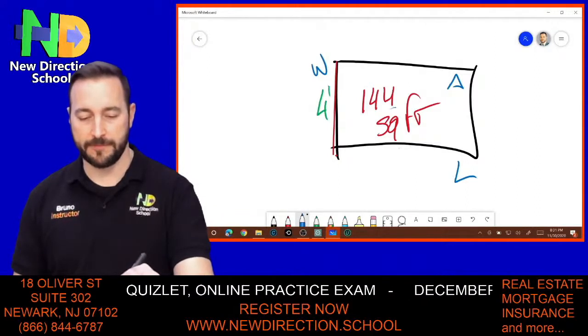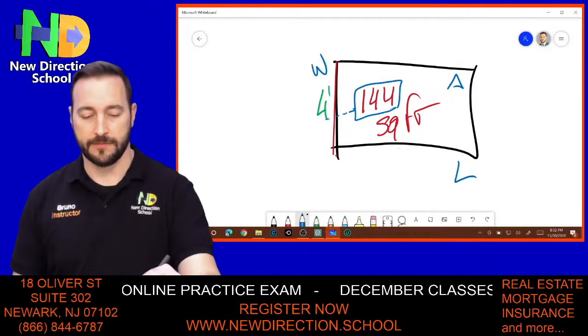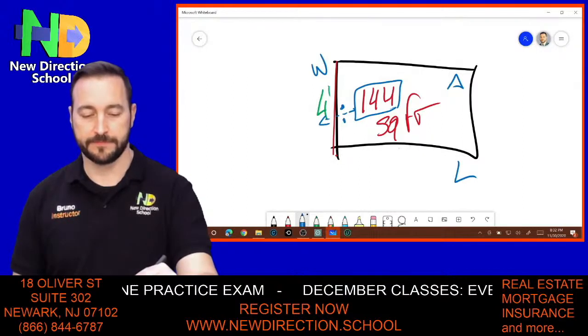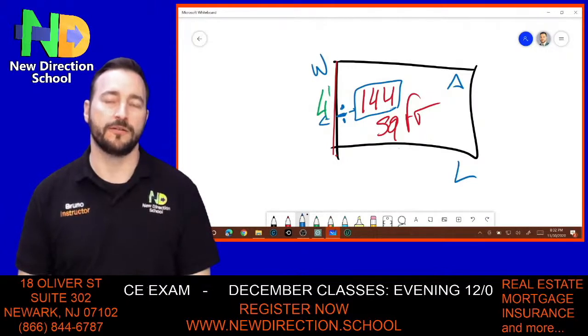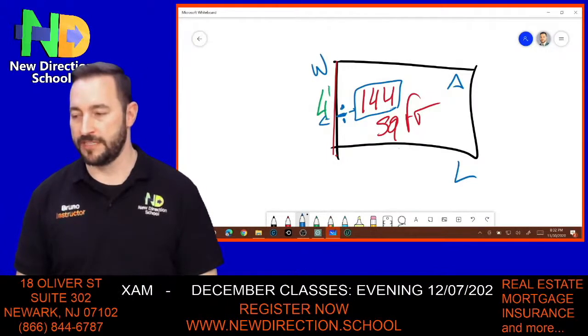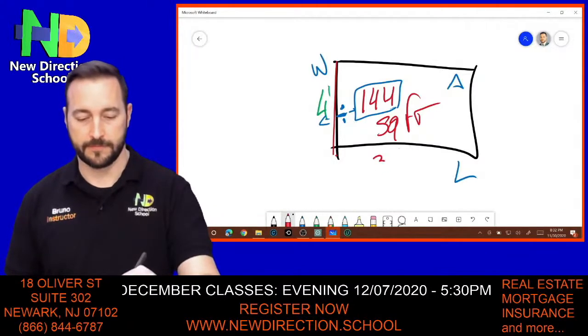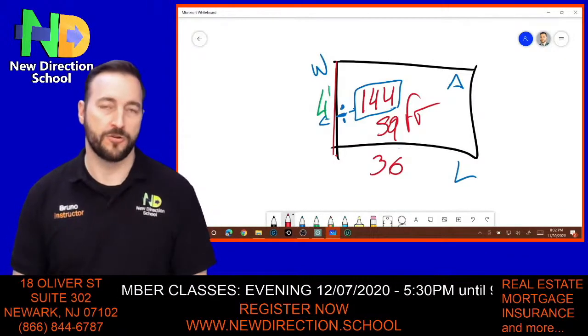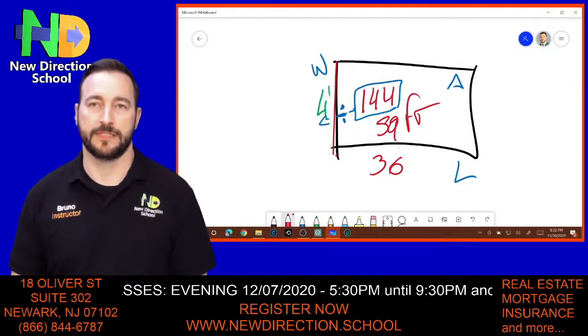We divide the inside number by the outside number. Simple. So it's 144 divided by 4. That means that the length is 36, right? And vice versa. That's it.